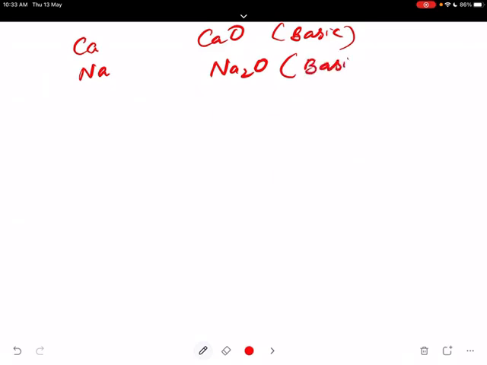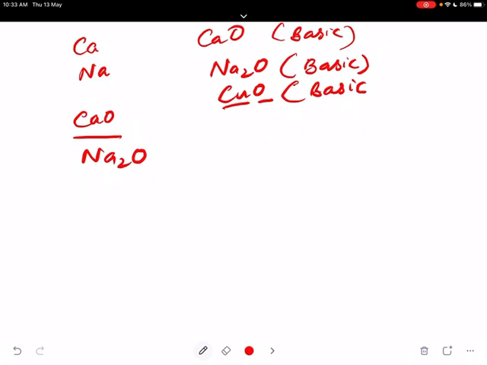So our acid can react with these things. Calcium oxide can react with an acid. Copper oxide. See, copper is a metal, its oxide is metallic oxide, that is copper oxide, basic oxide. So calcium oxide, basic.